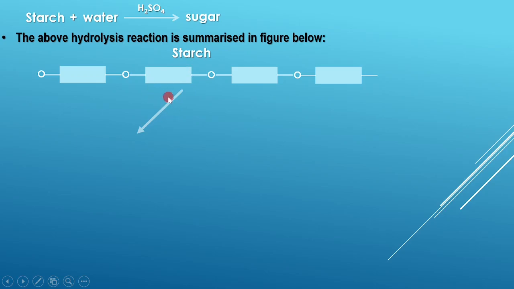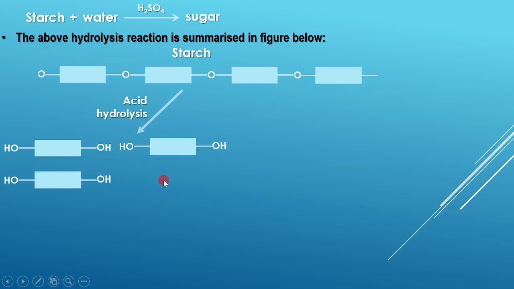For instance, we have one type of hydrolysis, which is the acid hydrolysis. If starch undergoes acid hydrolysis, it should give us sugars. There are how many monomers of sugar here? 1, 2, 3, 4. So all of them will be broken, so we'll have this one and this one, this one and this one. All of them now will be 1, 1, 1, 1.